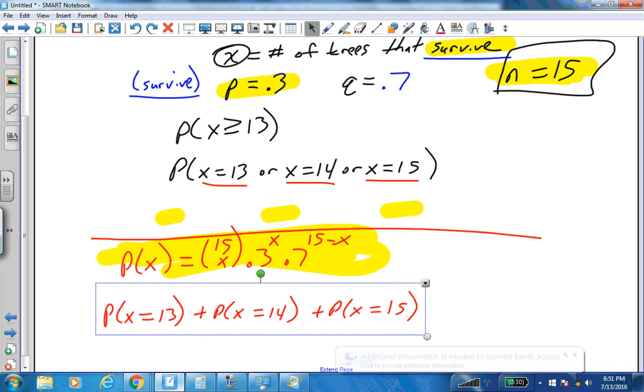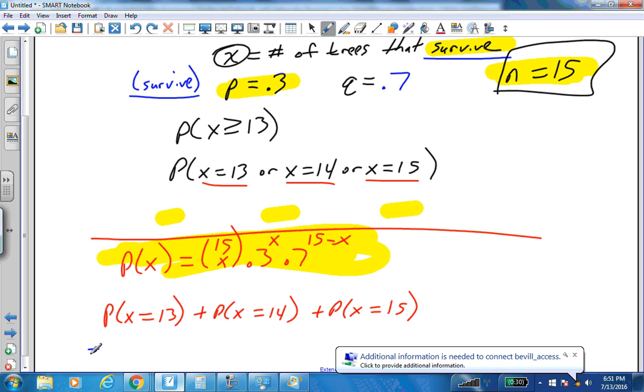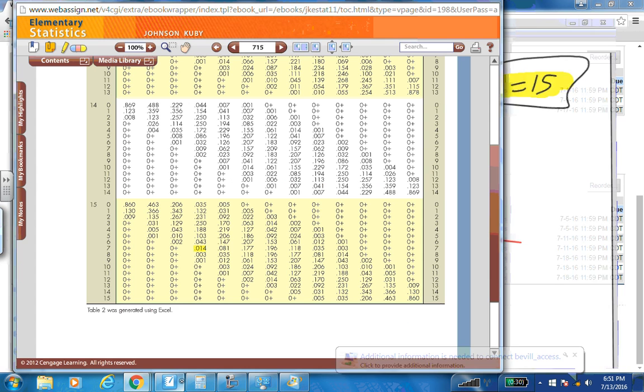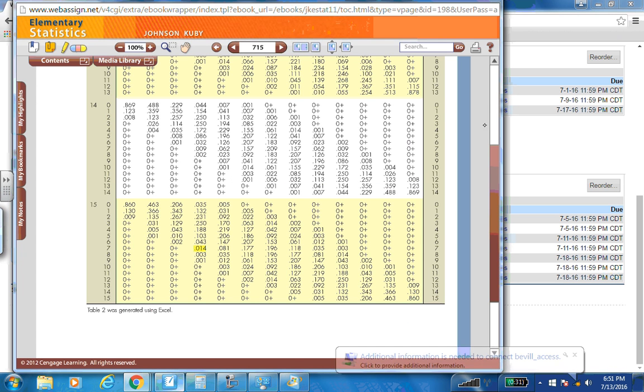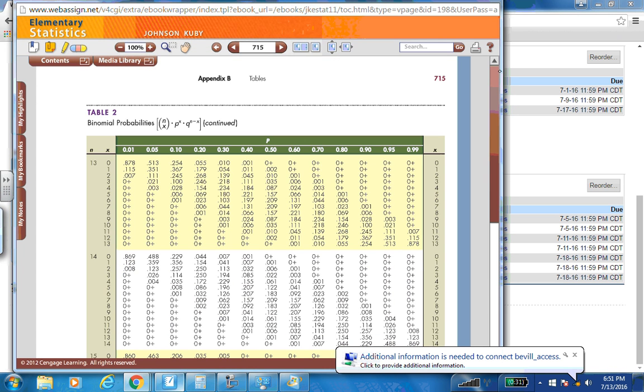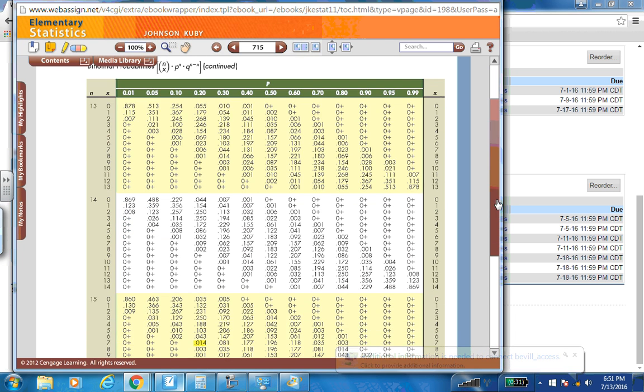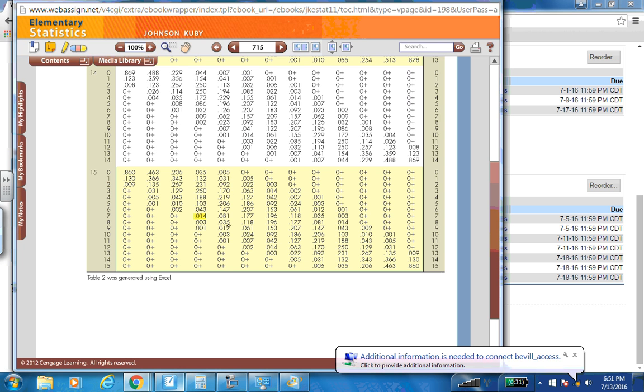So the probability of x being 13 when n is 15 and p is 0.3. So again, let me double check. The p of 0.3 column, that's this column.